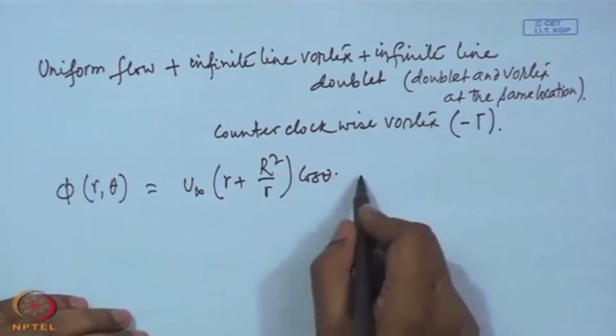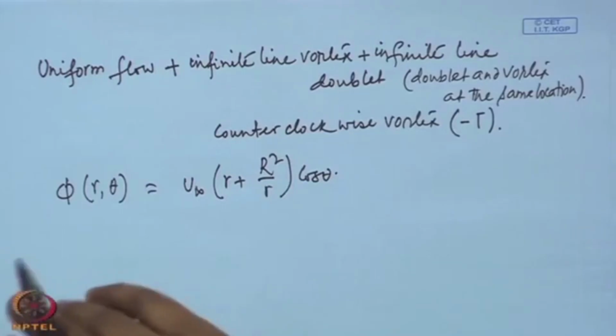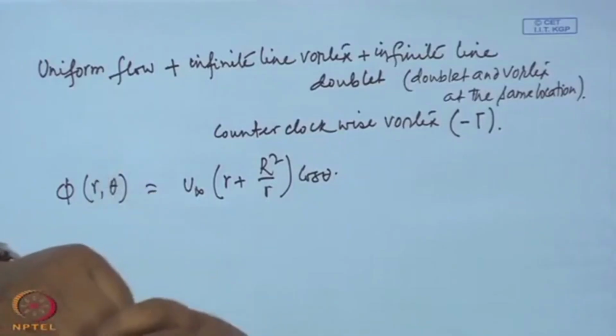Now we have a counterclockwise vortex. So what will be the potential for that vortex, or the stream function for an infinite line vortex?